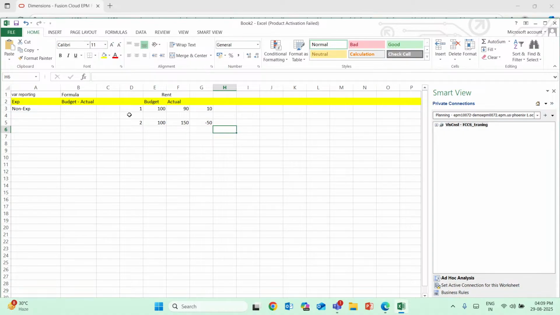So the nature here in variance reporting is an expense. So spending less than budget is a favorable condition. So likewise, if I choose for the non-expense, this is going to be the reciprocal of the formula. I'm going to reciprocate this formula like actual minus budget.